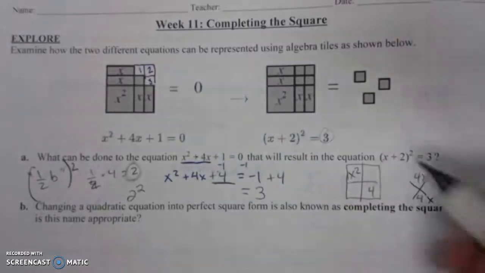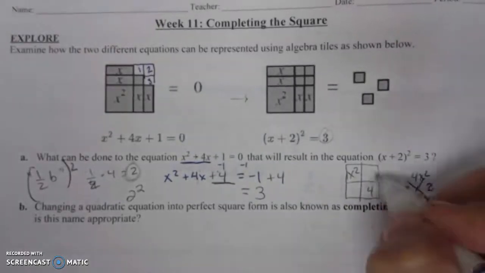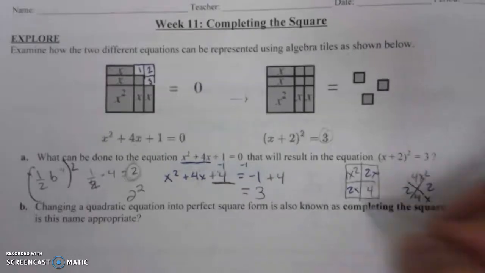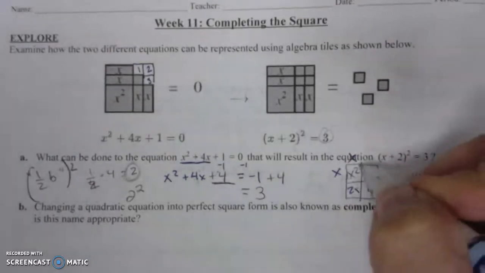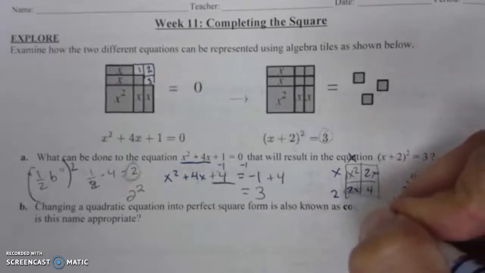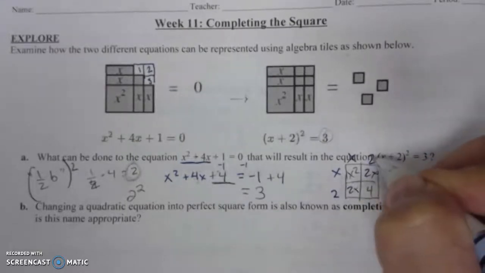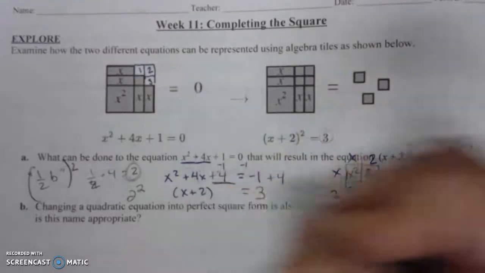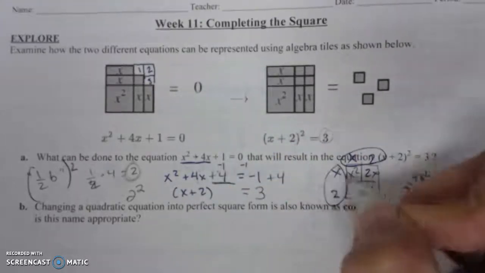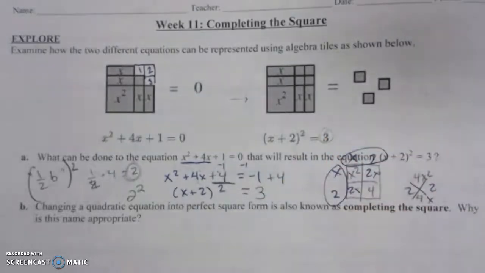So what numbers can you think of that multiply to 4 that add to 4? 2 and 2. So you get 2x and 2x. Then we go through our whole process. This is x times x times what makes 2x, x times what makes 2x. Oh, look at it, it's x plus 2, and x plus 2, or x plus 2 squared.